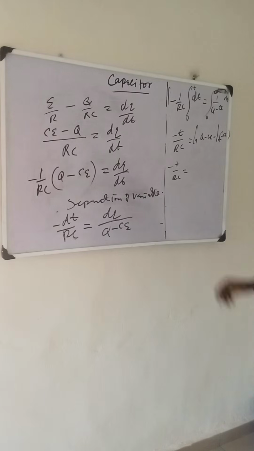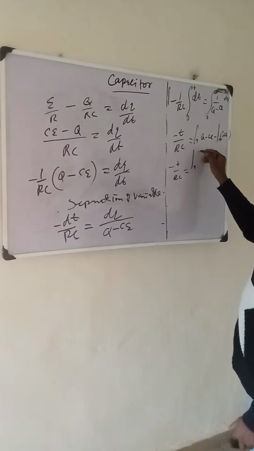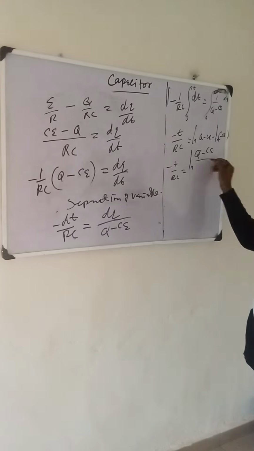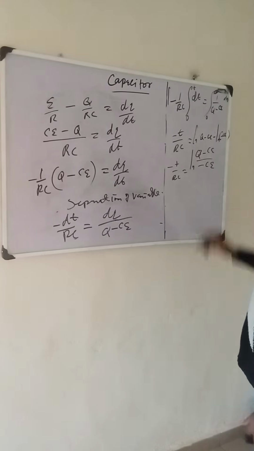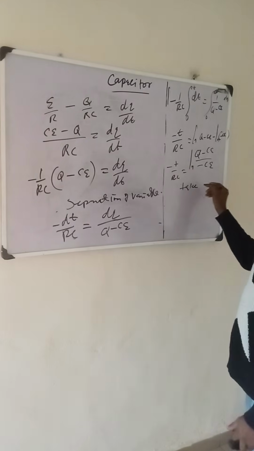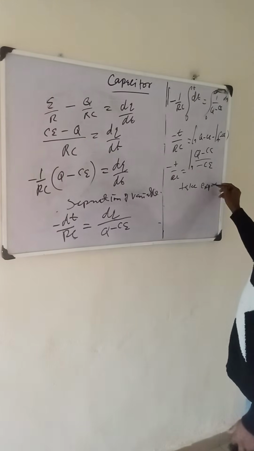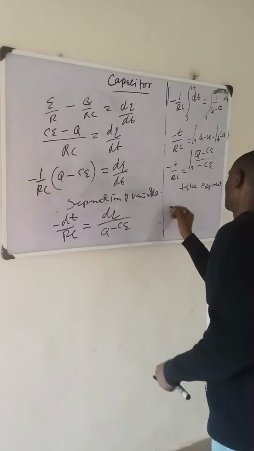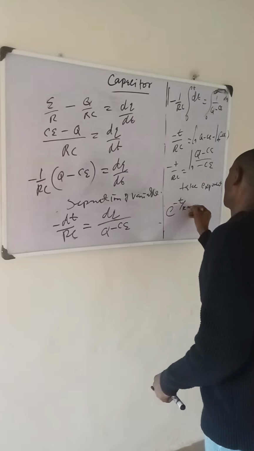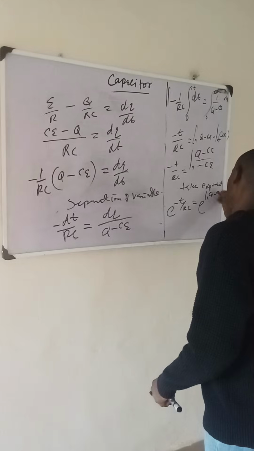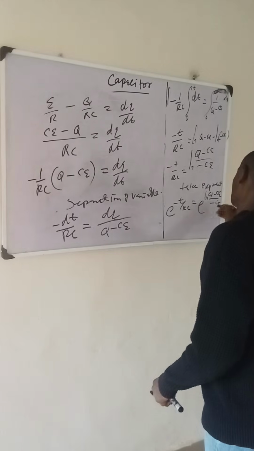Okay, so now what we do, we take the logarithm like we did before. You give me ln of q minus CE, this is charge, all over negative CE. Okay, and from here we take exponents of both sides. So if we take exponents, we have exponential of minus t all over RC equal to exponential of ln of q minus CE all over negative CE.